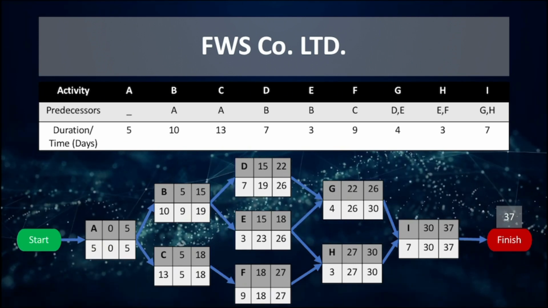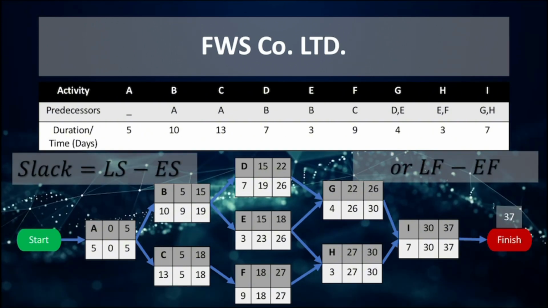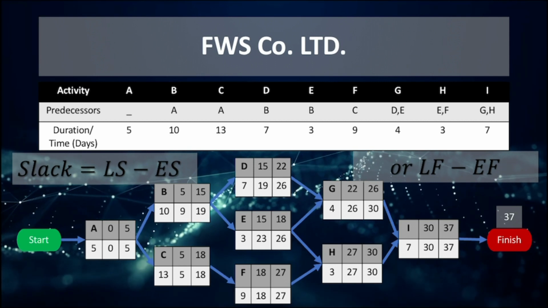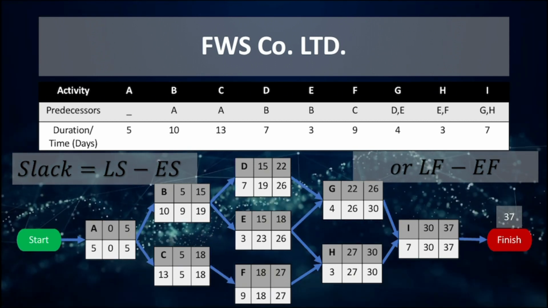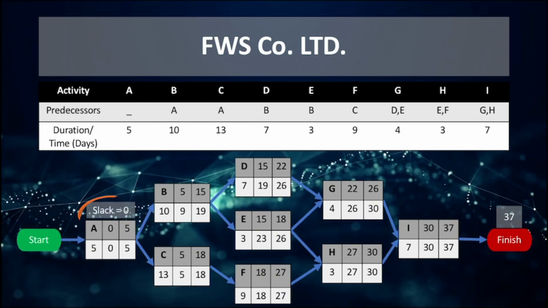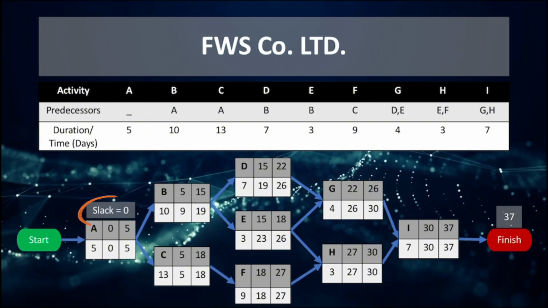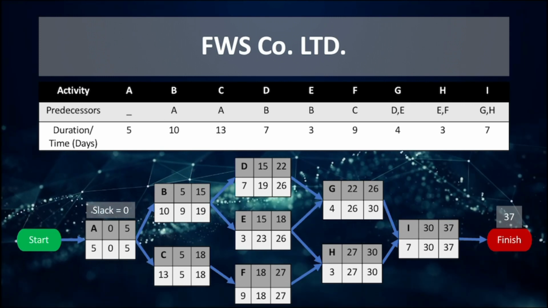Slack. To calculate the slack, it is equal to the latest start time subtracted by the earliest start time, or the latest finish time subtracted by the earliest finish time. The slack for A would be 0 subtracted by 0, or 5 subtracted by 5, which is 0. So the slack for A would be 0.